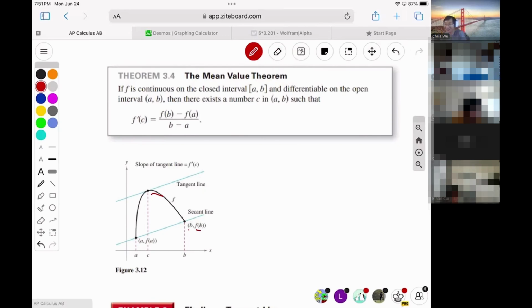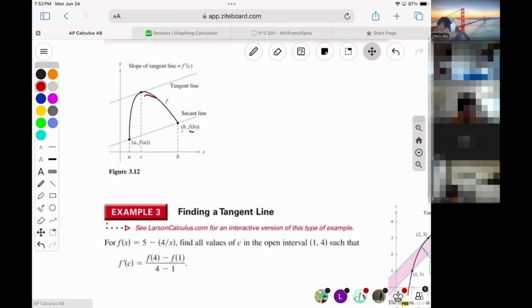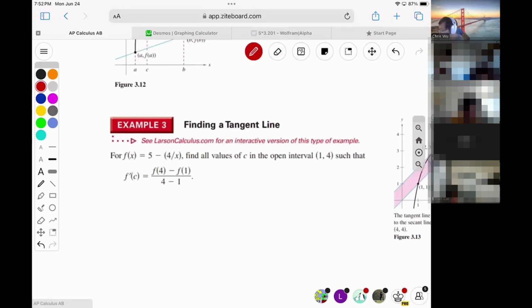It kind of makes sense, right? Like, let's say you drive from Los Angeles to San Jose or Cupertino. If your average speed is 50 miles per hour, somewhere in your journey you must have hit 50 miles per hour. So that's the idea. Very straightforward and very intuitive, but mathematically kind of cool, I guess.